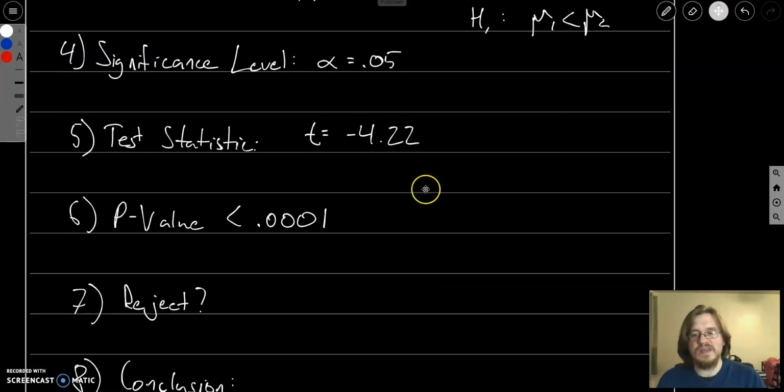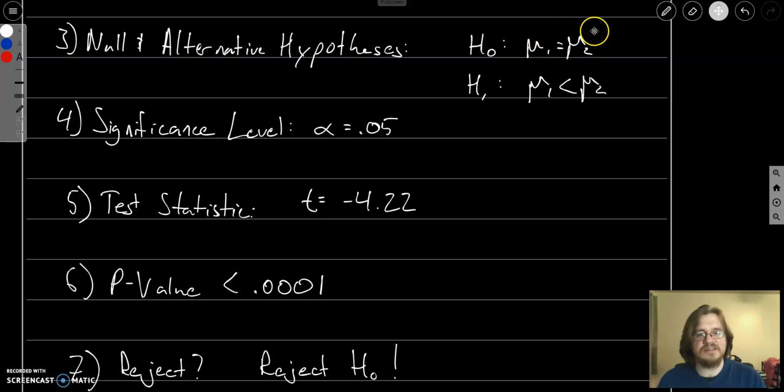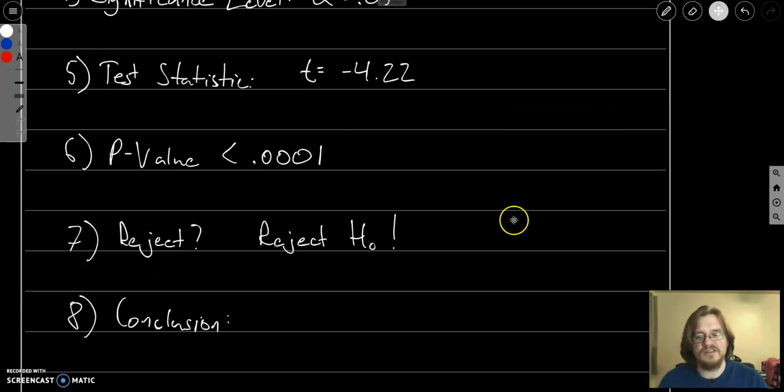0.0001, which means that since the p-value is less than the significance level, we do reject our null hypothesis. And if we can reject our null hypothesis, that means that the mean amount of liquid in these cans are not the same. So that means that our alternative hypothesis should be accepted.